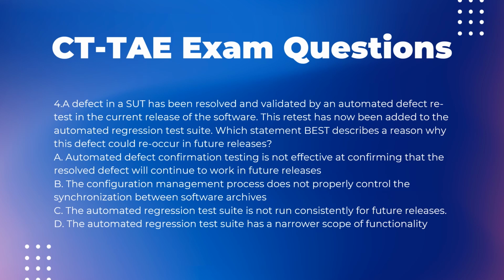A. Automated defect confirmation testing is not effective at confirming that the resolved defect will continue to work in future releases. B. The configuration management process does not properly control the synchronization between software archives. C. The automated regression test suite is not run consistently for future releases. D. The automated regression test suite has a narrower scope of functionality.